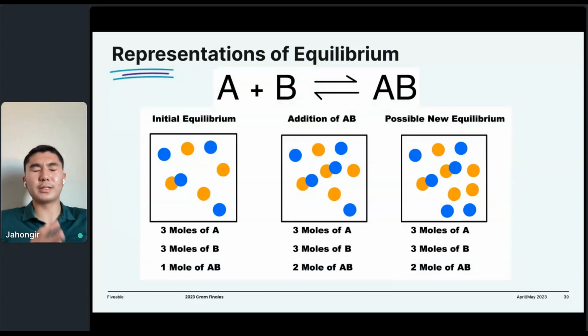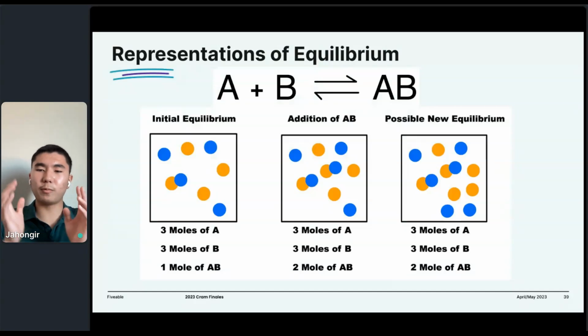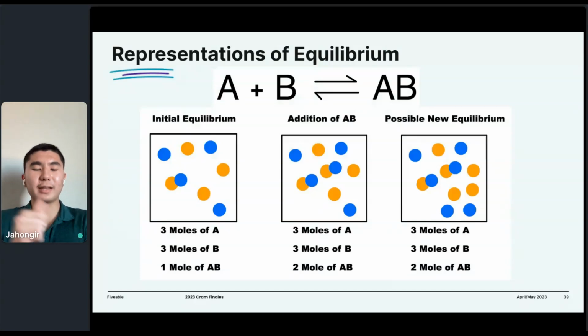Now let's look at a representation of equilibrium. This is what the moles would look like in, I guess you could say, a jar or a square. And we have A plus B goes to AB, and we're in equilibrium. So in the initial equilibrium, we have 3 moles of A, 3 moles of B, and 1 mole of AB. And I apologize, I didn't color code this part. But we know that the amount of moles of A and the amount of moles of B are the same.